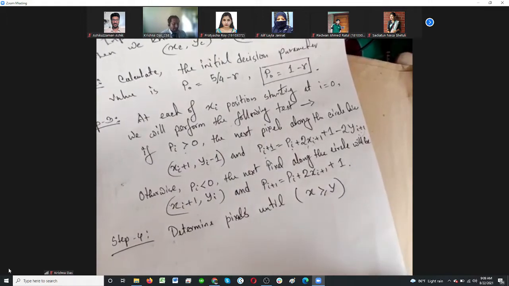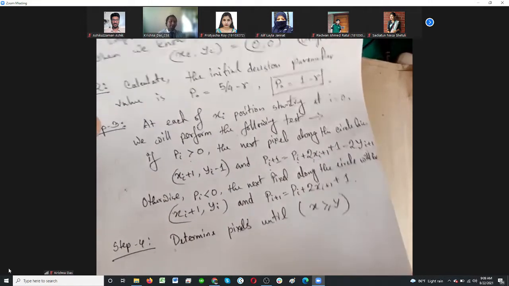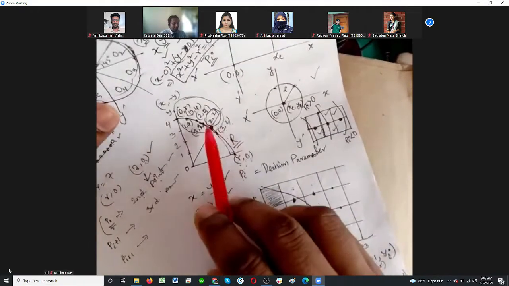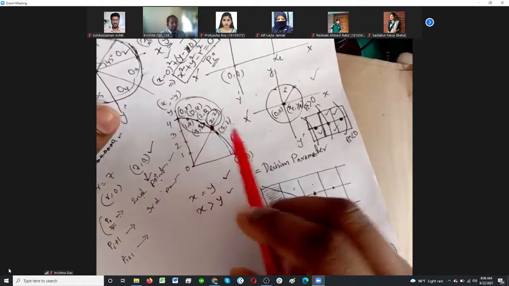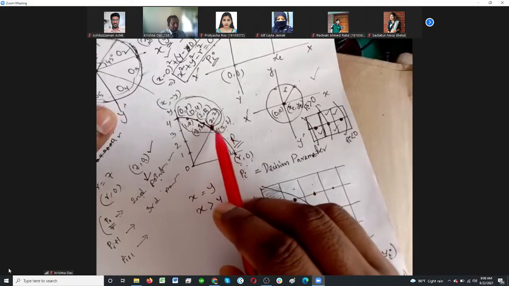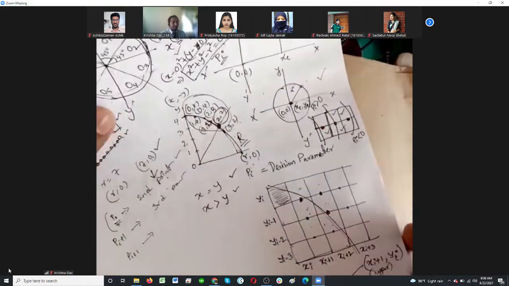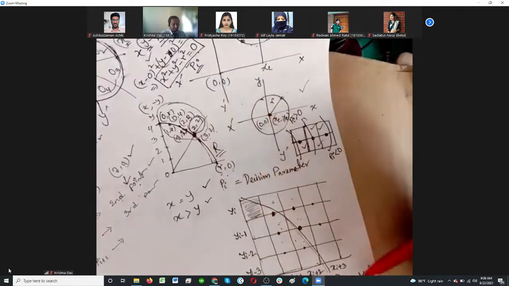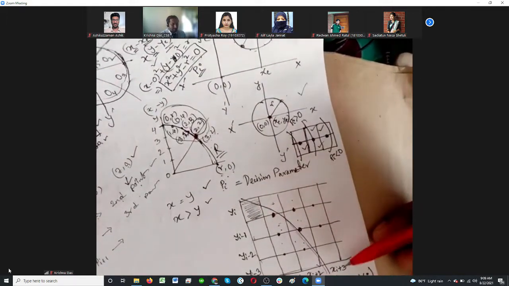Either situation can happen. Because it is an integer value, we cannot say that the two coordinate values x and y will be exactly equal, because you have a huge number of pixels.